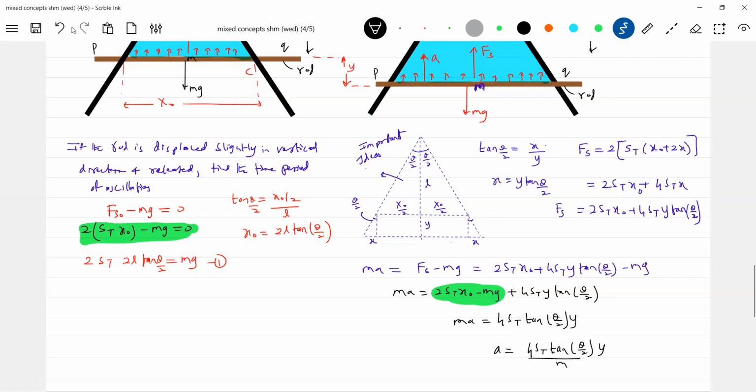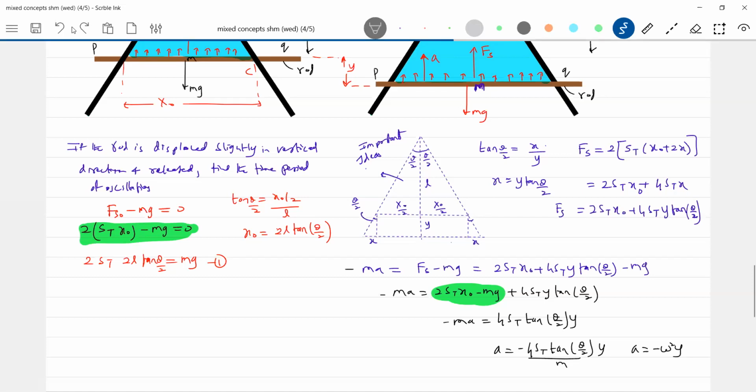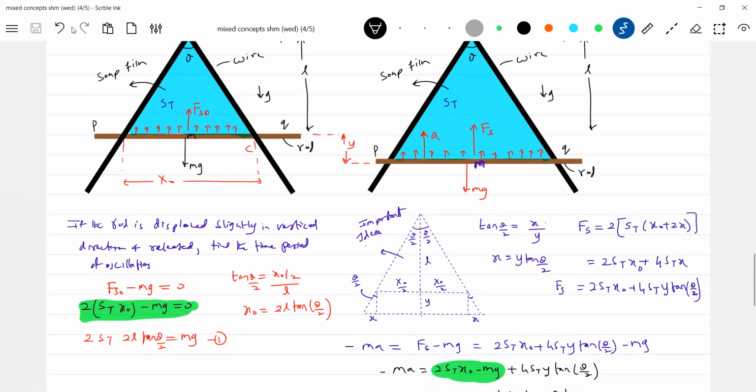If you want the negative sign, you bring it from here. Then a equal to minus omega square y. Okay, what is tan theta by 2 we can define?